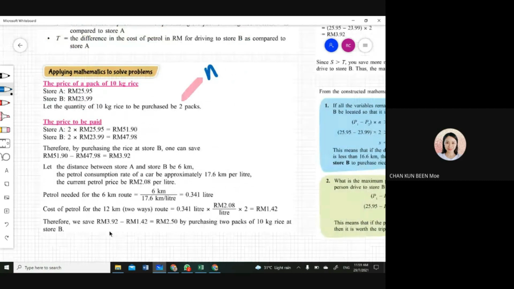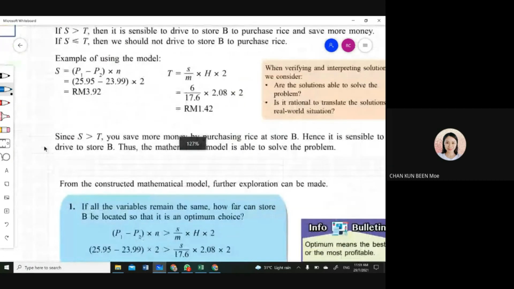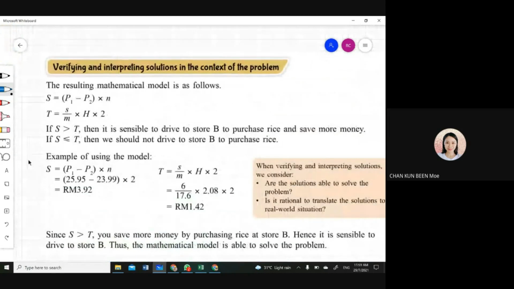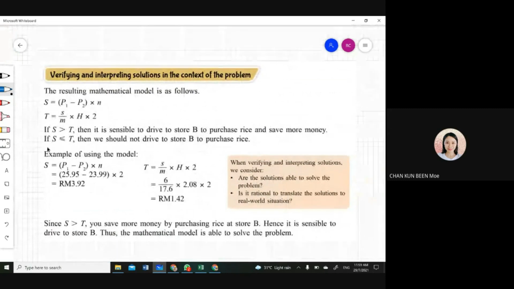The next part will be after A, I am a very. So V stands for verifying and interpreting solutions. So let's see V here: verifying and interpreting the solution in the context of the problem. So I will just explain to you.